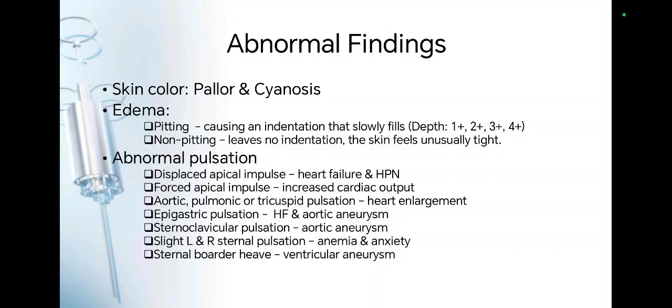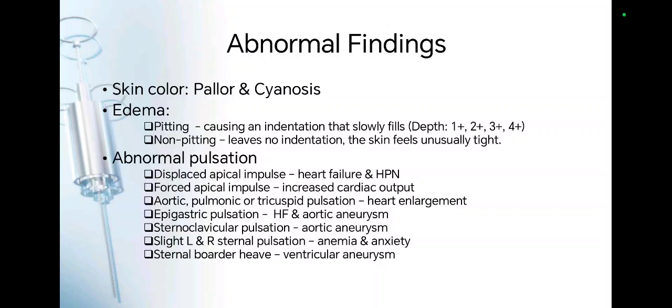Forced apical pulse may suggest an increased cardiac output. Aortic, pulmonic, or tricuspid pulsation may suggest heart enlargement. If there's an epigastric pulsation, it may suggest heart failure or aortic aneurysm. Sternoclavicular pulsation may suggest aortic aneurysm.